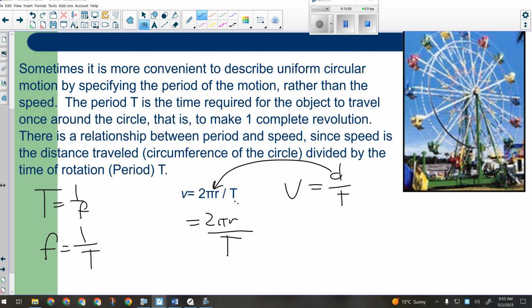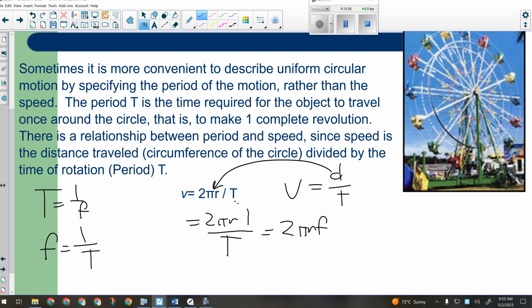I could, because right now this formula is 2 times pi times r times 1 over t, which is the same as 2 pi r times f. Only the 2 pi r over t is on your formula sheet. The t is 1 over f is on your formula sheet, so you're expected to be able to derive the second version.